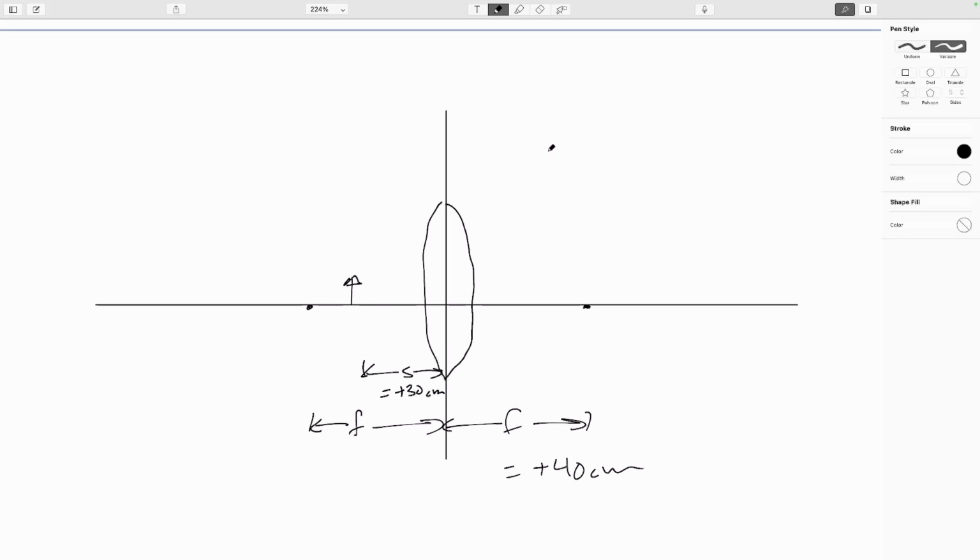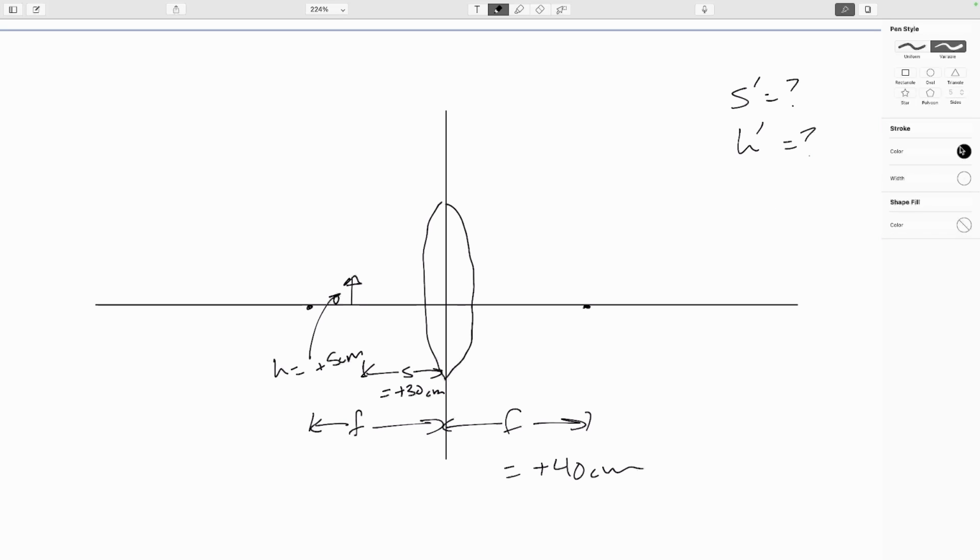What I want to find here is the image distance and the image height. So again, I will just mark in here that this is plus 5 centimeters, the plus because it's upright.